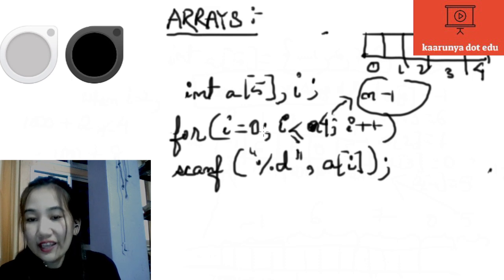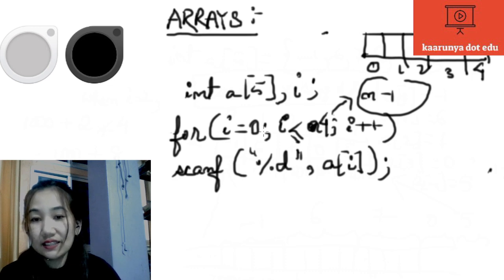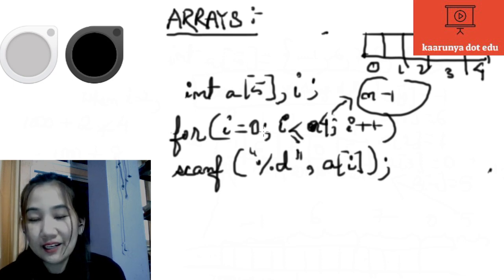Another thing to keep in mind is that the elements of the array are stored in a continuous manner, one after another. You cannot store the elements of the array randomly inside the memory. It should be continuous or contiguous. That is one more drawback of array, right?